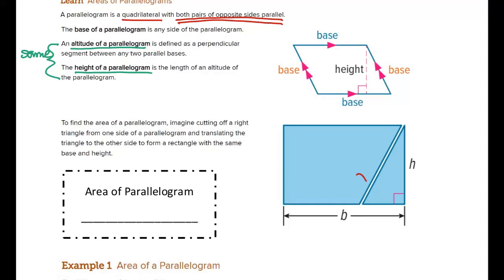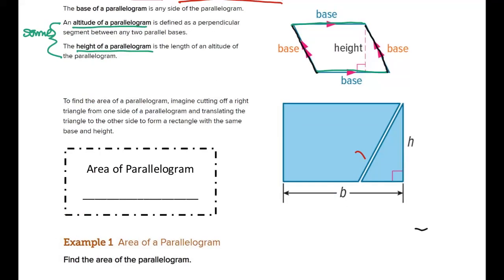These sets of arrows right here mean that the two sets that match are parallel. So this base over here is parallel to this base. That means they would never cross if they were lines. Okay? And this side here and this side, they are also parallel. That's what makes a parallelogram.